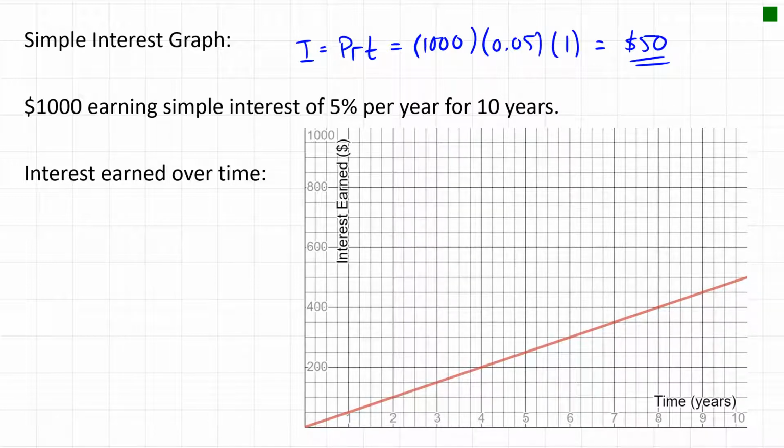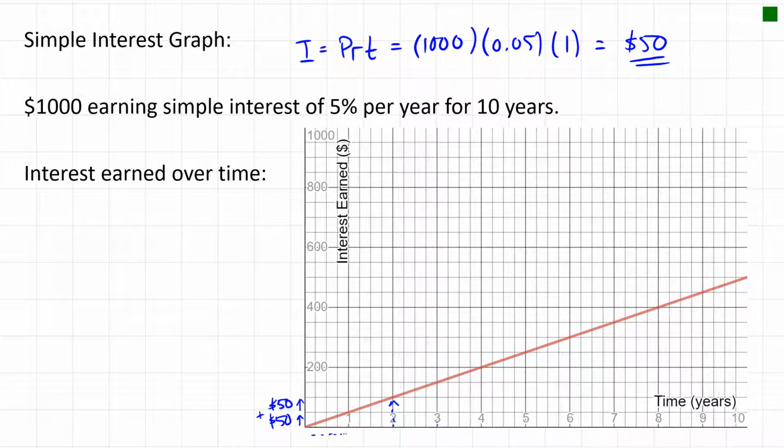So each year, here we can see on the x-axis, we go from 0 to 1 years. The interest rises $50. And after 2 years, it's risen another $50, bringing us to a total of $100.